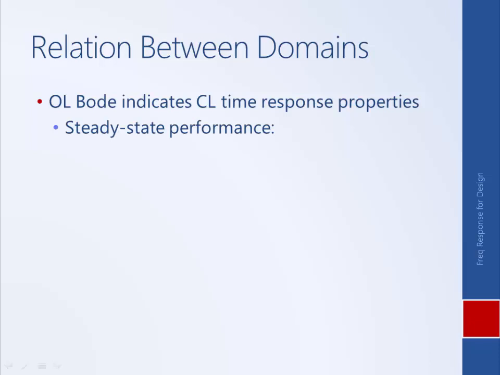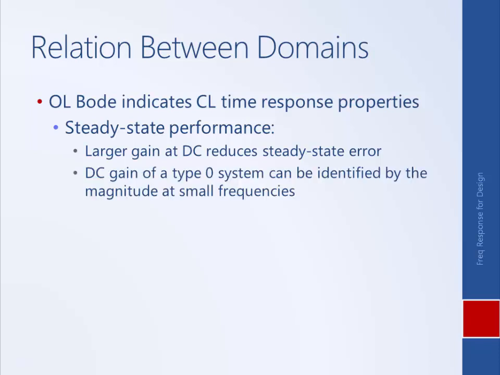Okay. So in terms of steady state performance, we need to look at low frequencies because a constant input corresponds to a frequency of basically 0. So larger gain at DC indicates reduced steady state error. And this is true no matter the type of the system. But if we had a type 0 system, then the slope at low frequencies is flat, and the DC gain is recognized by the magnitude at those low frequencies.